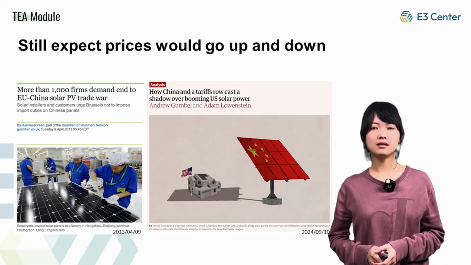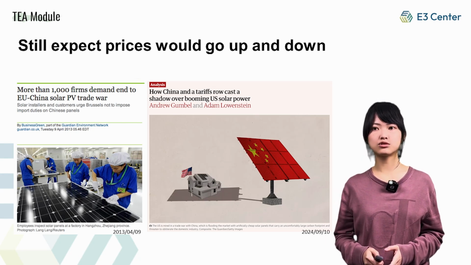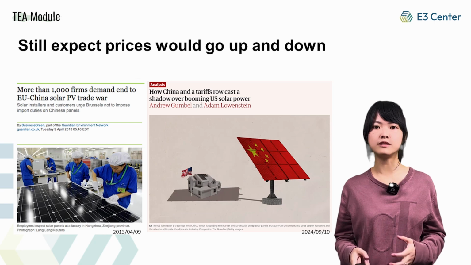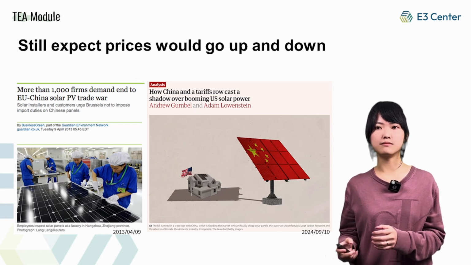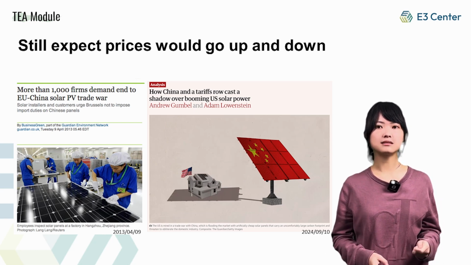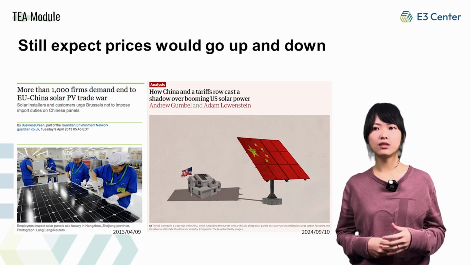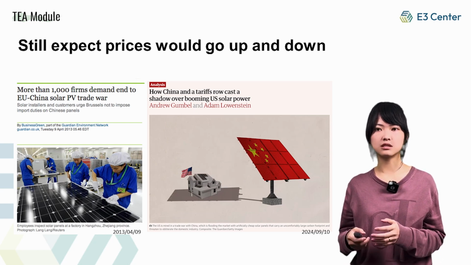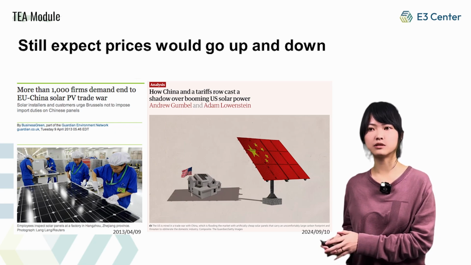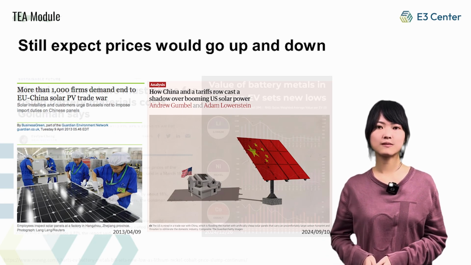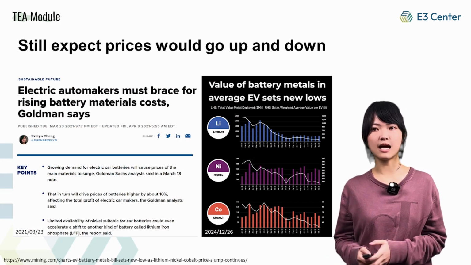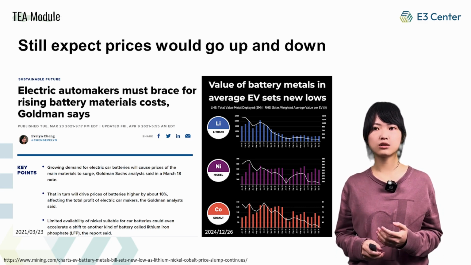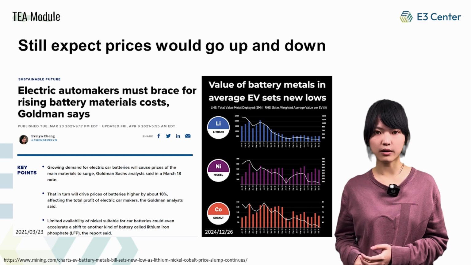For example, this slide shows how geopolitical elements like the EU-China and US-China solar PV trade wars impact the market prices. Despite technological advancement lowering the production cost, tariffs and international disputes can lead to unpredictable price change. Similar dynamics play out in the EV battery market, where material cost could influence the EV selling price.